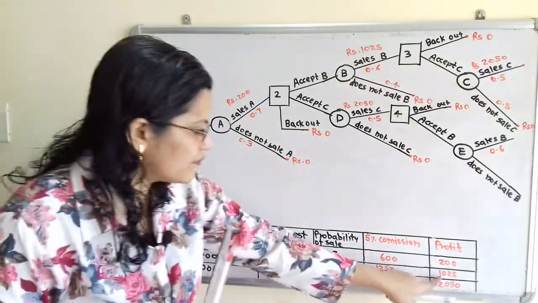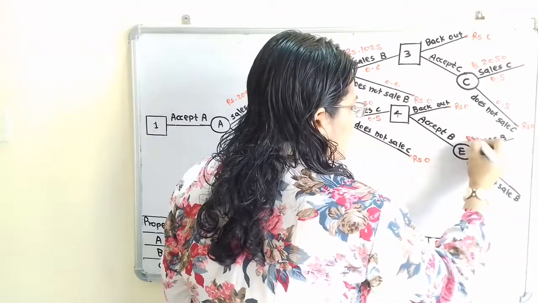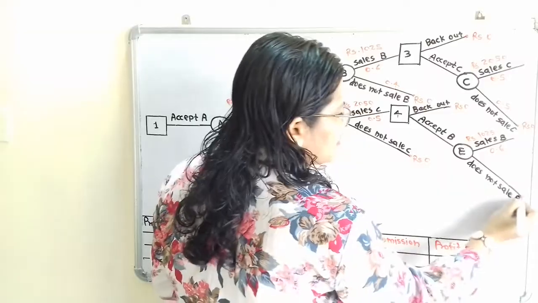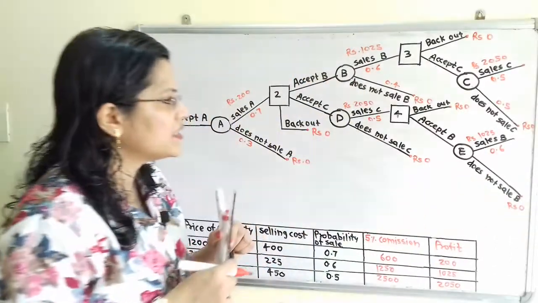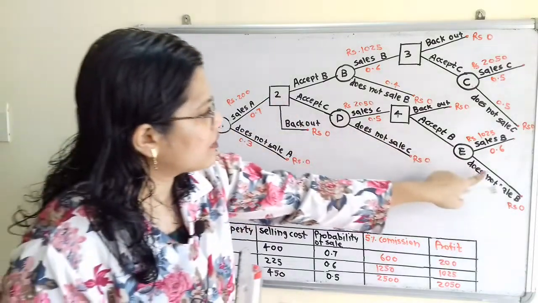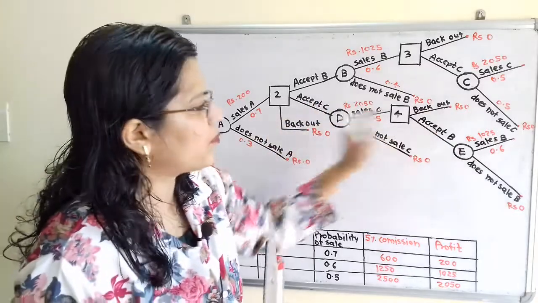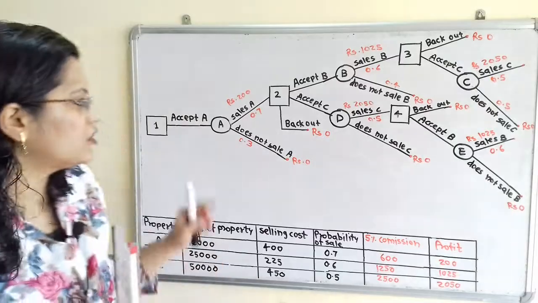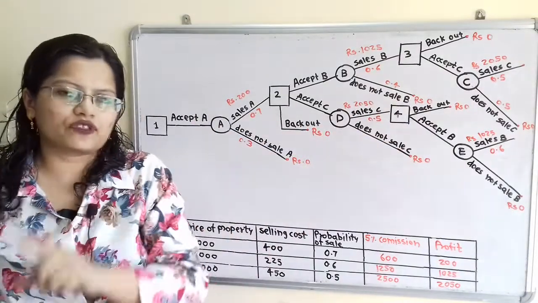And what is the profit? He will get 1025, so I will mention rupees 1025 here. If he does not sell B, he will get ₹0, and this will be a terminal branch. If we observe this sequence, property A, then property C, and then property B will be accepted. So again this is a terminal branch. In this way the decision tree is completed for the given question.